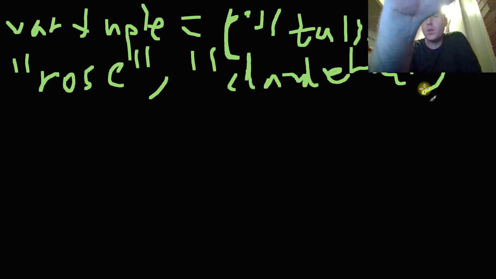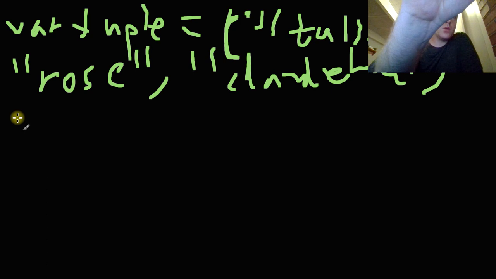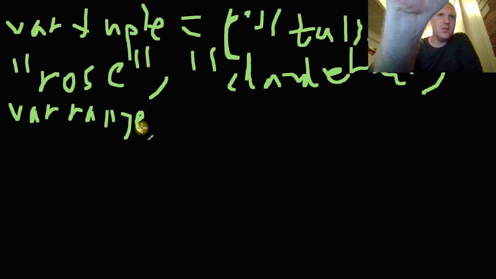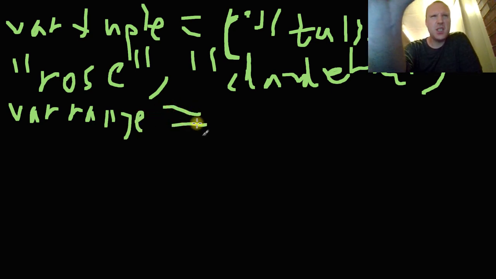And range. Range is one that I didn't really use too much, but let's go over that. Call it var. Should I put another R in it? Well, okay. Var range equals. Range is really weird.